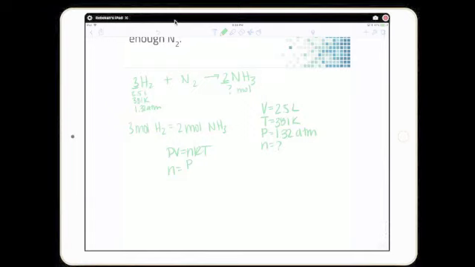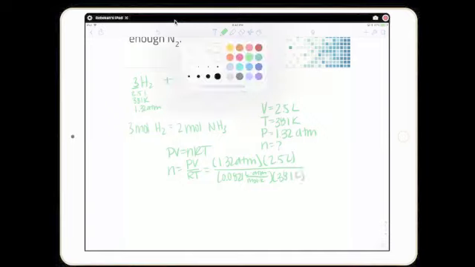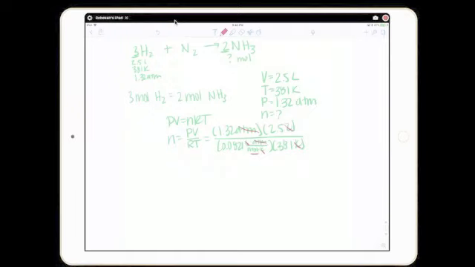Moles are equal to PV over RT. 1.32 atm times 2.5 liters over R times temperature in Kelvin. If I look at my units here, atm will cancel, liters will cancel, Kelvin will cancel, and I'm left with 1 over 1 over mole, which is mole.